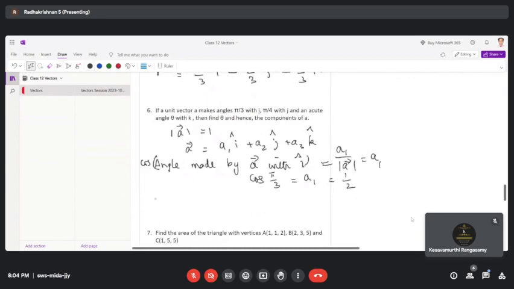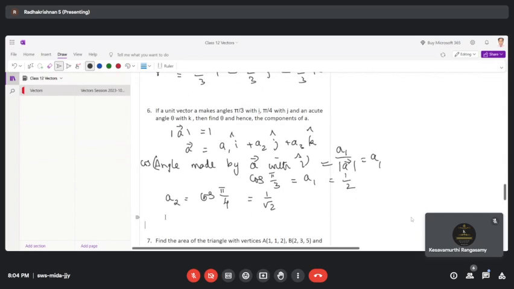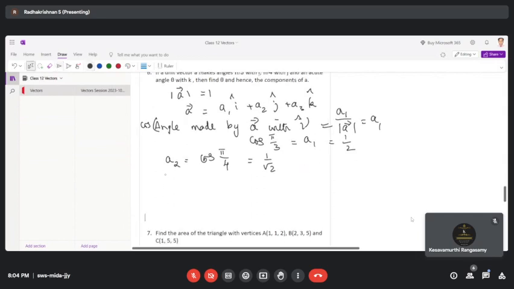The same way, we can get A2. What will be A2? Cos pi by 4. A1 is known, A2 is known, and we know that A1 square plus A2 square plus A3 square is 1.